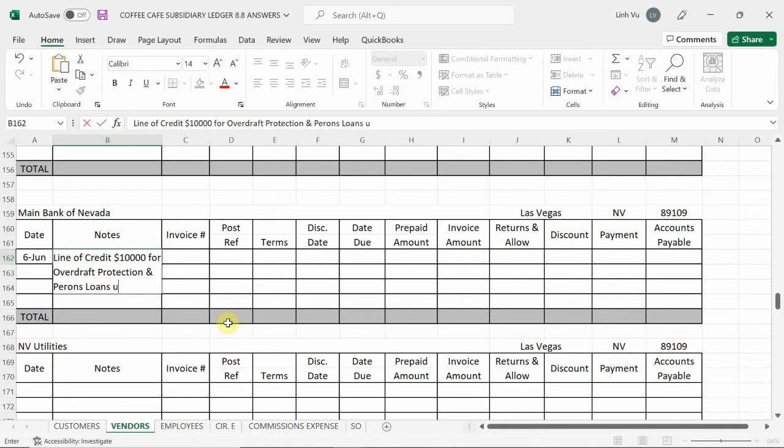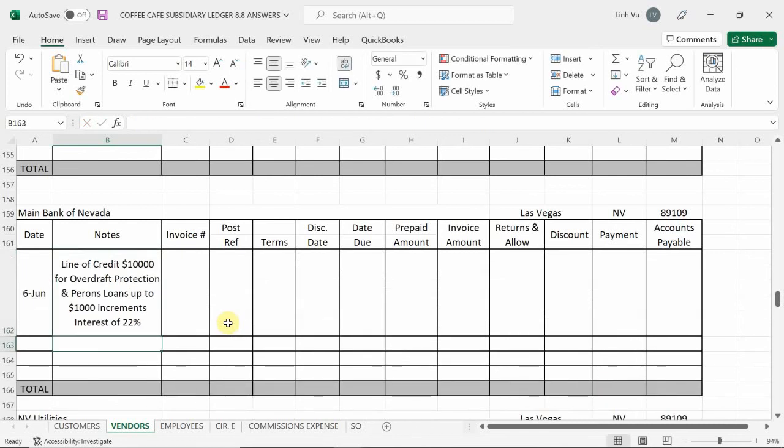up to $1,000 increments. And then we said that if we do, then we are going to get subjected to an interest of 22%. Right?